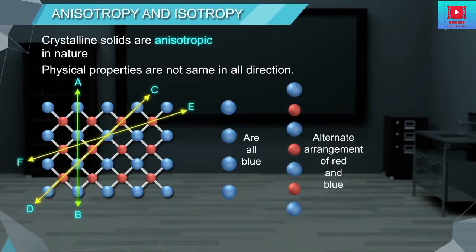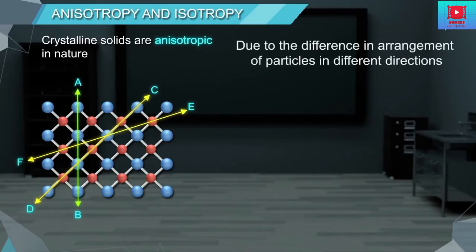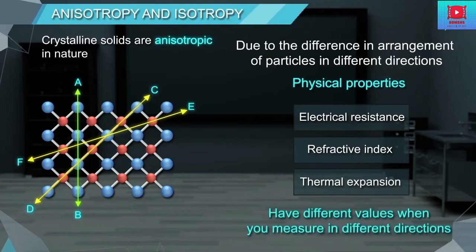Now, if you consider this direction, the arrangement is again alternate, but the distance between them is more. Due to the difference in arrangement of particles in different directions, physical properties such as electrical resistance, refractive index, thermal expansion, etc. have different values when we measure in different directions.